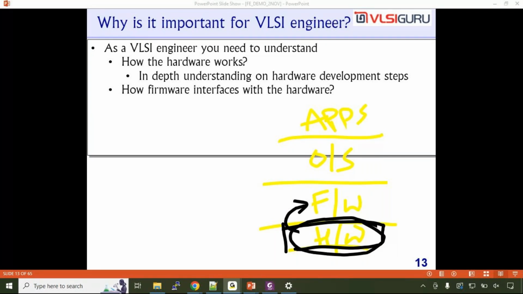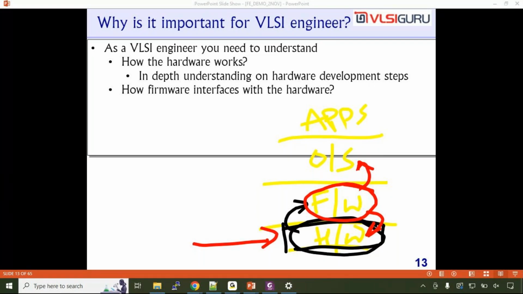If I talk about a firmware engineer, what should he know? He should know about hardware. He should also know about the operating system, I mean, how the operating system is going to work with firmware. Now, as a VLSI engineer, what is your role? To develop hardware. So what understanding do you need to have?